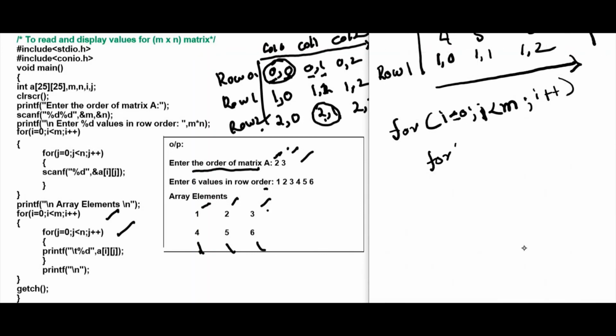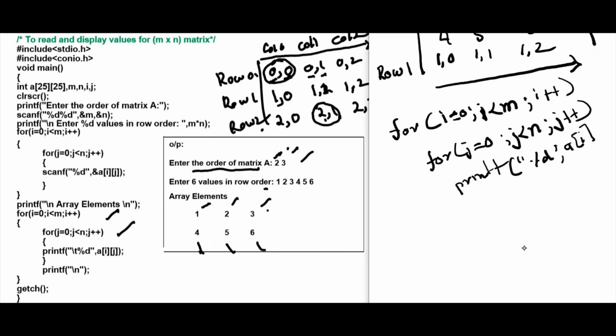And in the inner for loop we have j, which I am initializing to 0, and it will execute till the end of the columns. Right. And inside that we have a printf. What am I printing? printf("%d", a[i][j]).